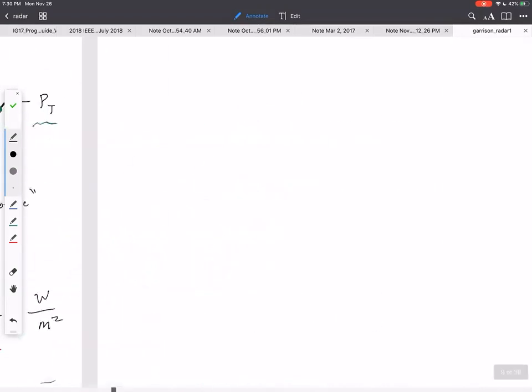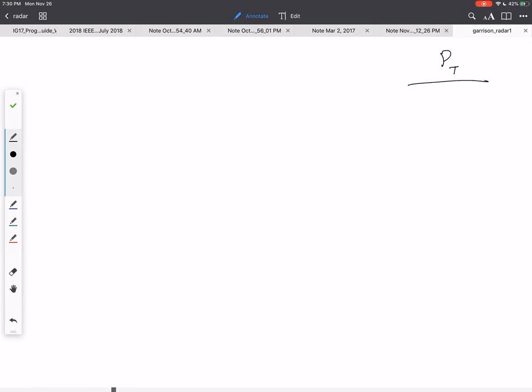and maybe I'll start keeping track of all this on the next page. I have my incident power density. Then I multiply by my radar cross section. So this is my power density in power per unit area.